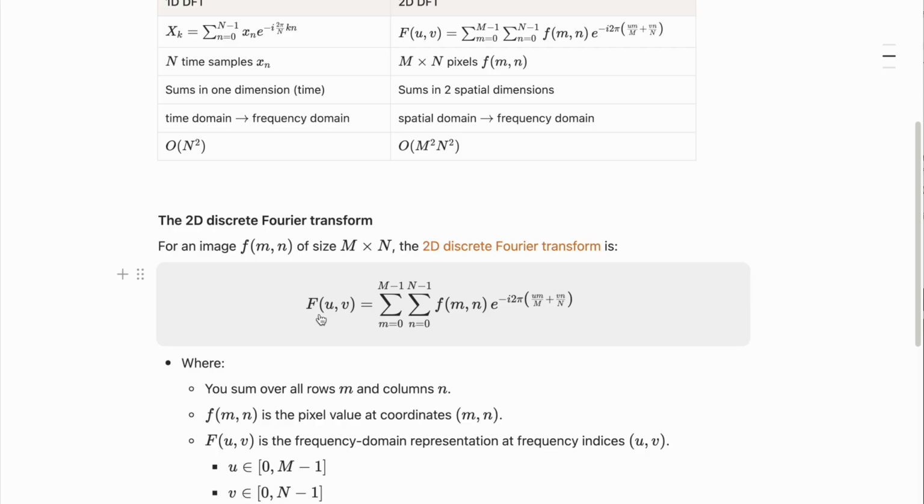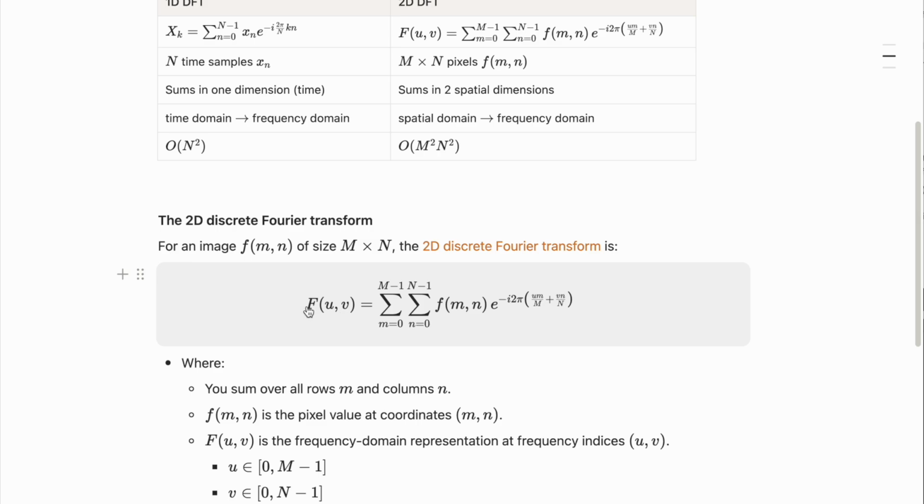And we end up with this. Each Fourier coefficient has two coordinates. Just like an image is two-dimensional, the Fourier transform of an image is also two-dimensional. So each Fourier coefficient has a u coordinate and a v coordinate, which actually correspond to the two image frequencies.